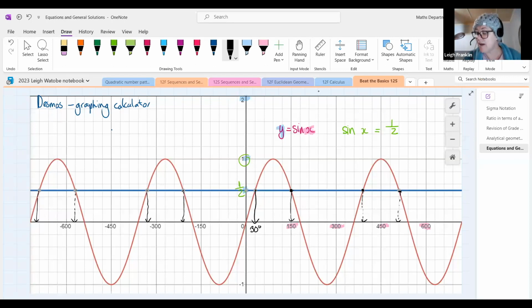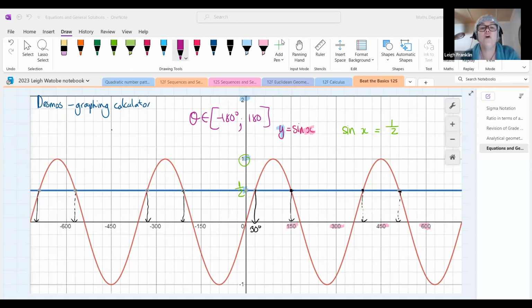That's why they give us an interval to work in between. They tell us to solve for theta, but they say theta is an angle that is between minus 180 and 180, so that we're not here forever working out all the possible angles that satisfy the particular equation. Exactly.